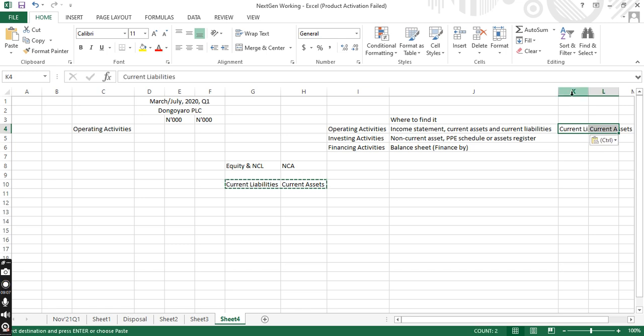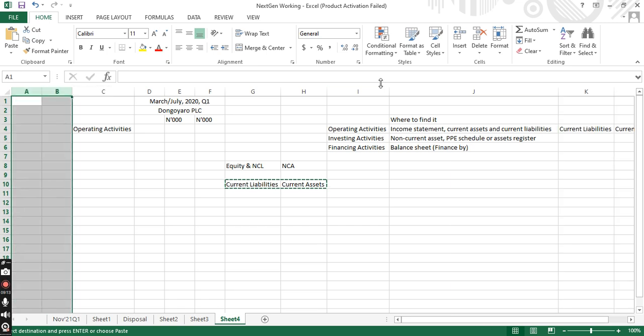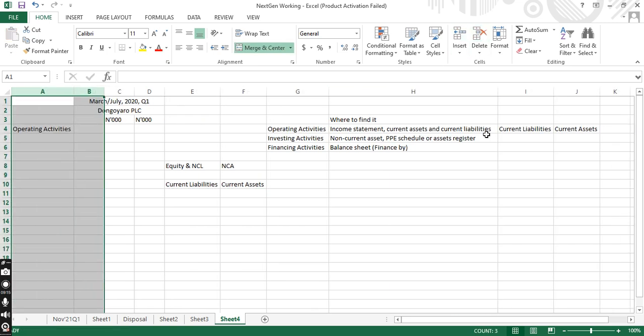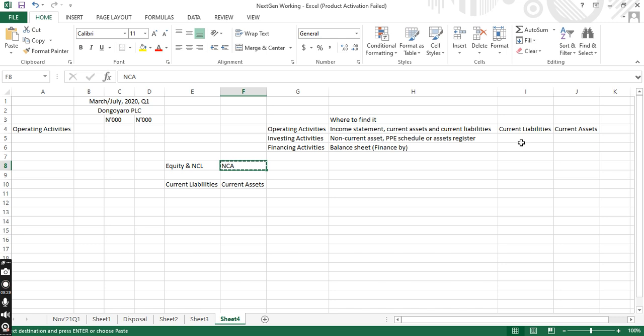Your operating activities will take income statement as well as current assets and current liabilities. Your investing activities will take non-current assets only. Your financing activities will now take equity and non-current liability.